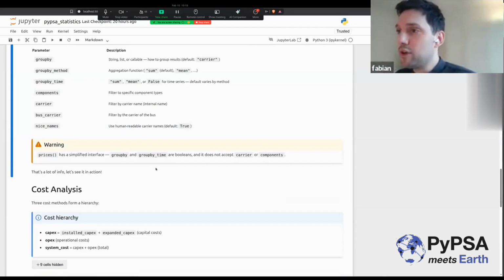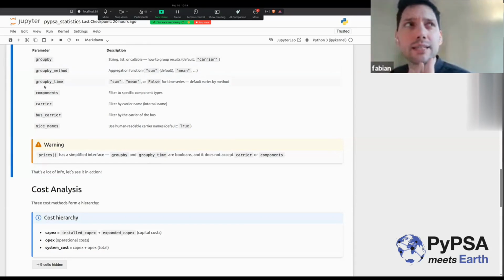Okay, this is an overview of all the different parameters. If you're using the statistics module, you might have recognized that perhaps even the first three have changed over time with the new release, PyPSA 1. The argument names are a bit more structured, I would say.